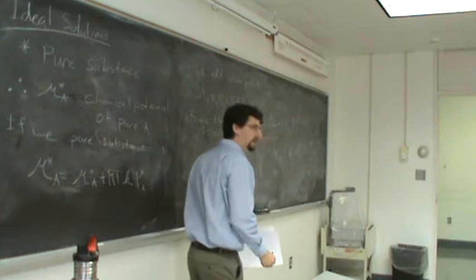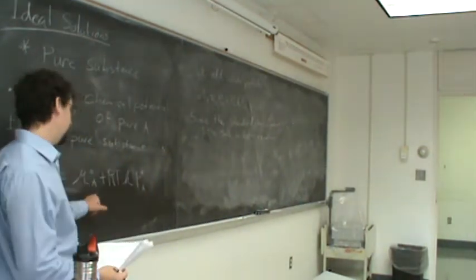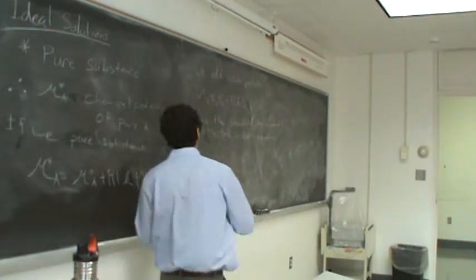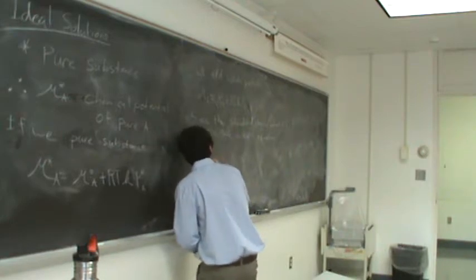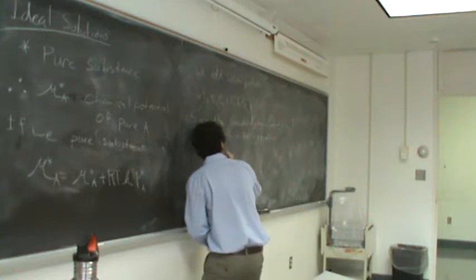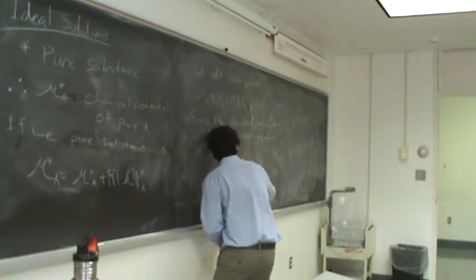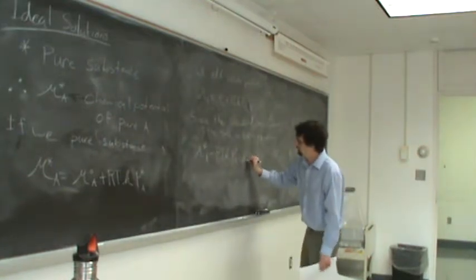Then let's set those equal to one another. How are we going to manipulate this one around to solve for mu naught? Subtract. Yep. So we got mu star A minus RT ln P star A, right? So that's equal to mu naught.